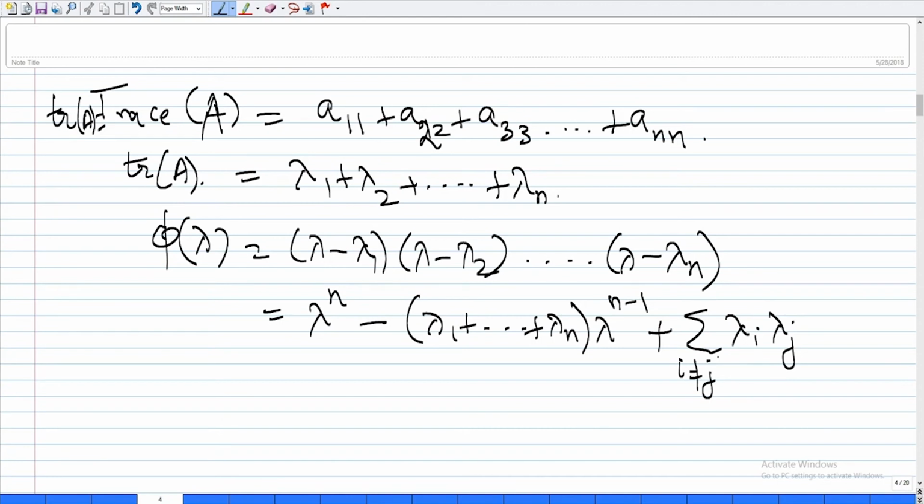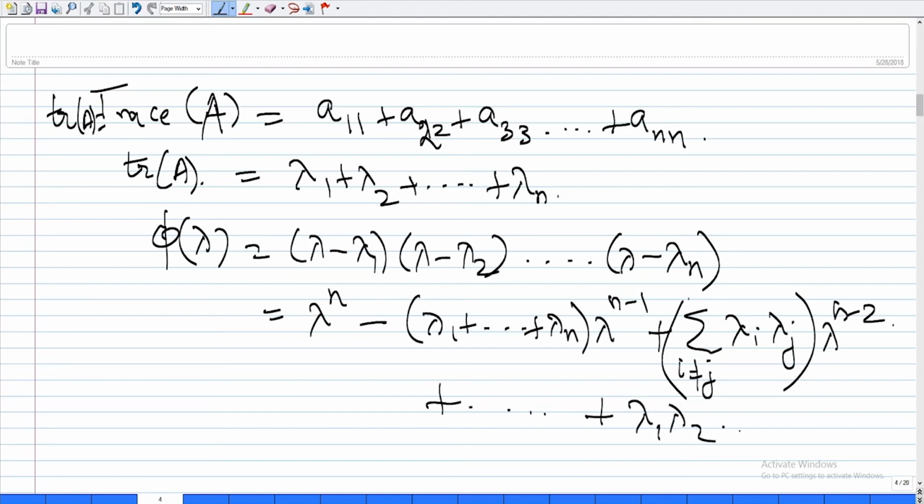Do I need i not equal to j? Yes, and so on. In this fashion if we continue, we end up with our last constant term being the product of all the eigenvalues that we have here.